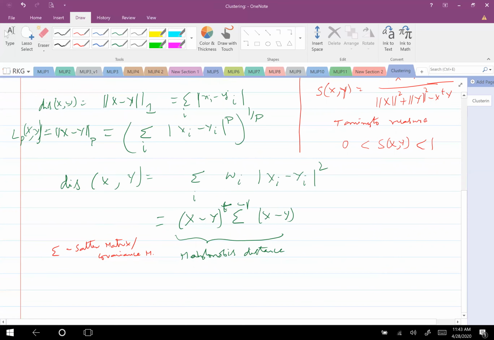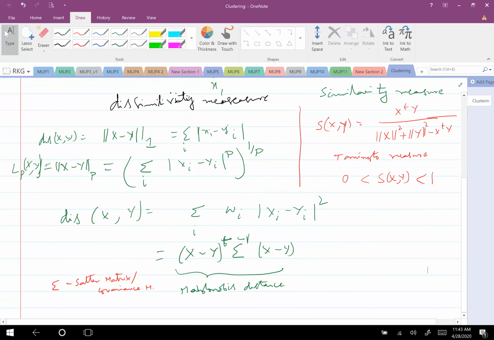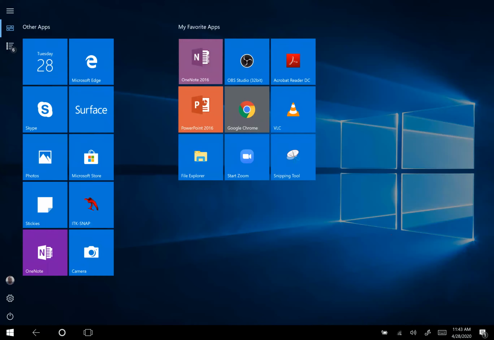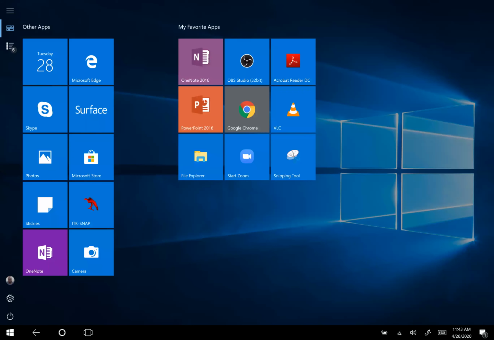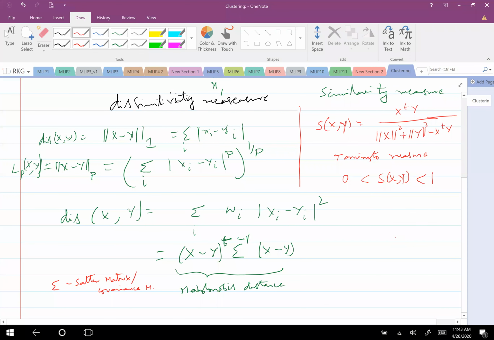For s of x comma y, what is the most similar case?